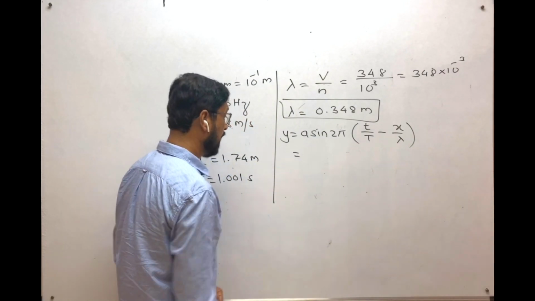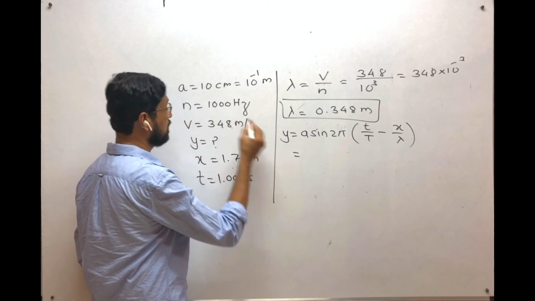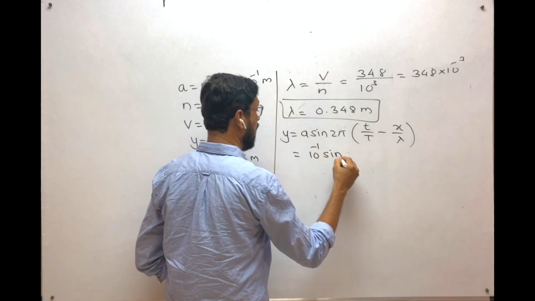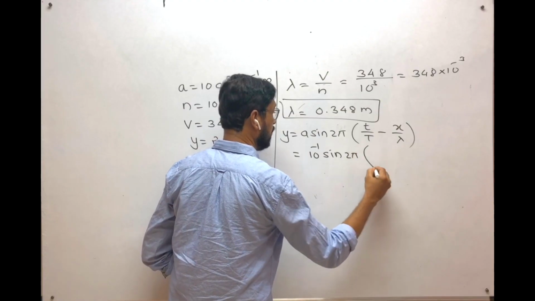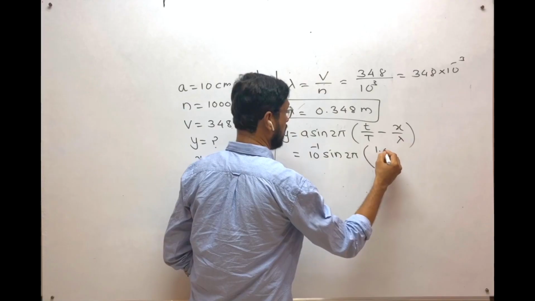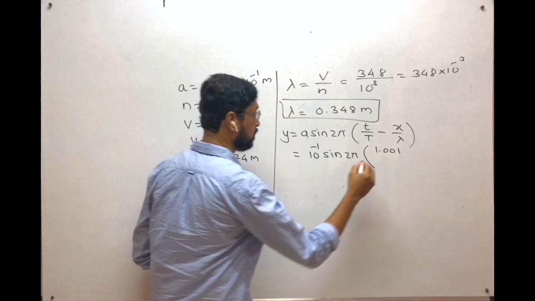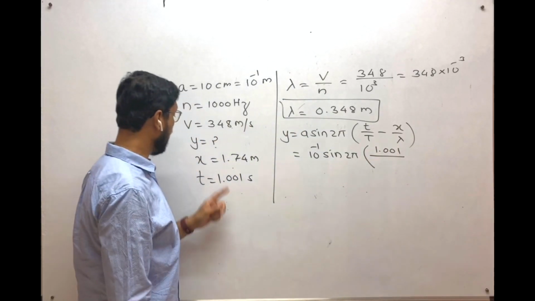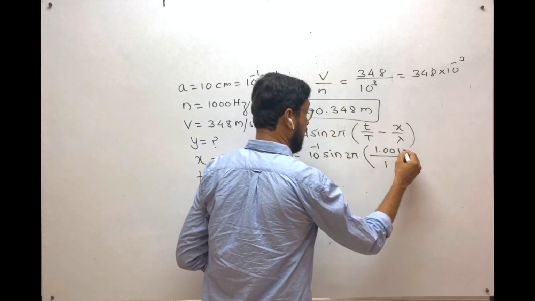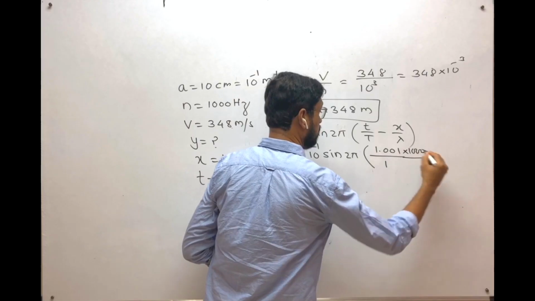So that is equal to, a is given to be 10 raised to minus 1 sine 2 pi into bracket small t is 1.001 upon capital T is reciprocal of n, 1 by n.